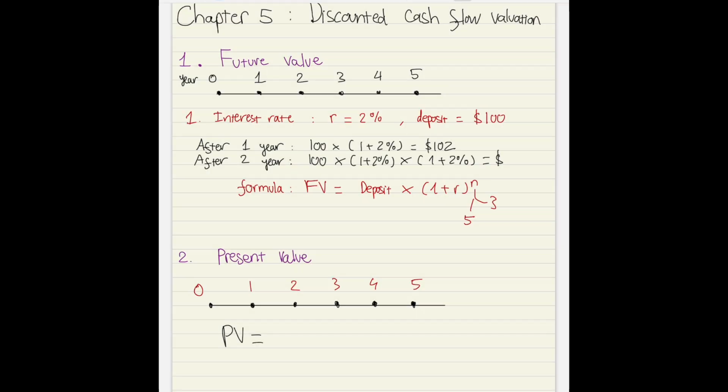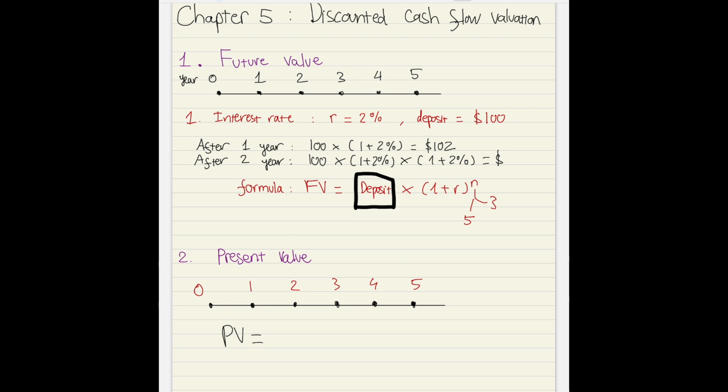Now we move to the next part of the video, the present value. Future value and present value are actually reverses of each other. If you have the future value, you can find the present value, and if you have the present value, you surely can find the future value. So what is present value? Present value is the same thing as the deposit from the future value formula, here, this deposit.